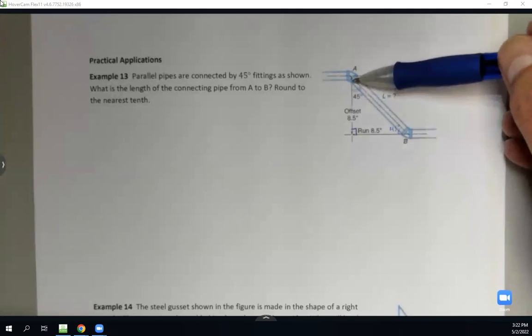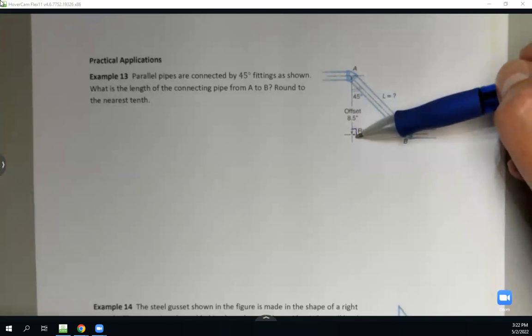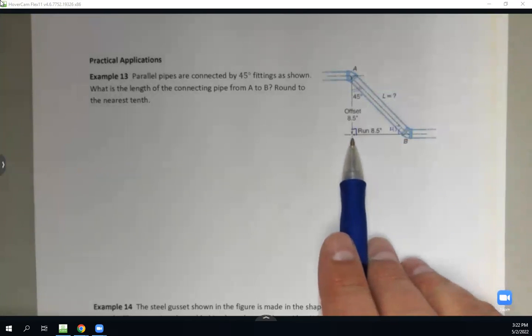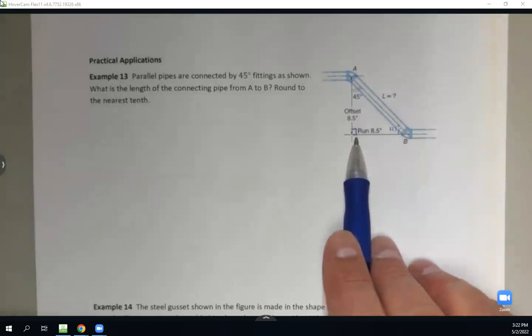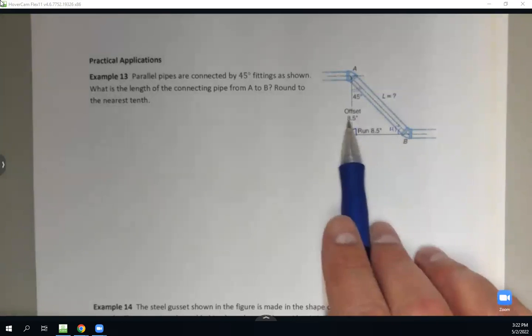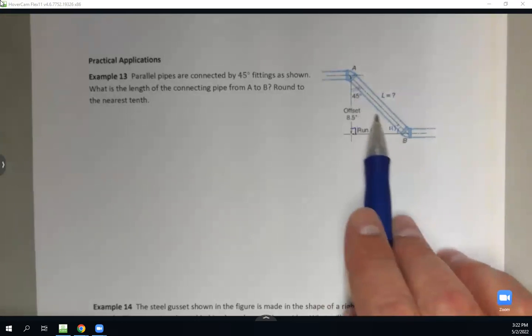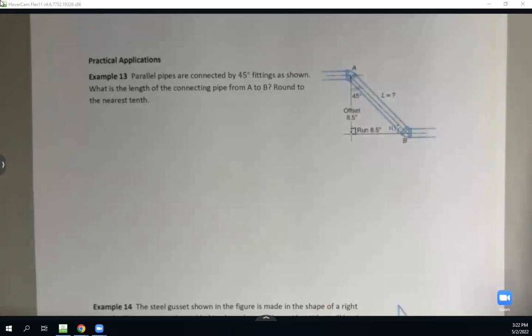So in other words, that's the length of the side of that triangle. Okay. Which means this right here is also 8.5 inches because it's going to be isosceles because of the 45-degree angles. Okay. Does that make sense?